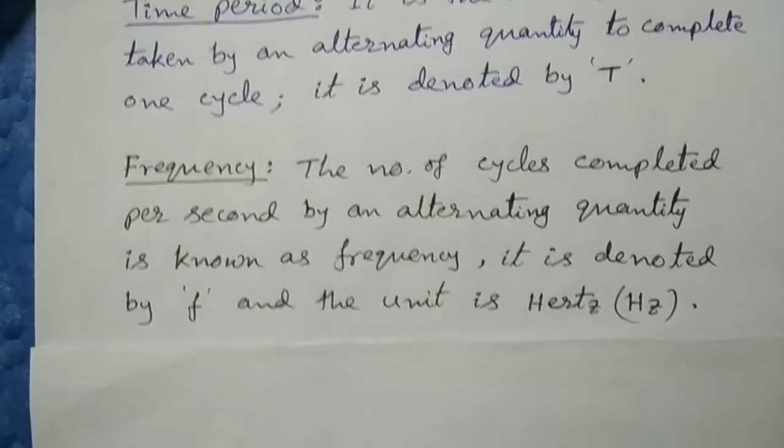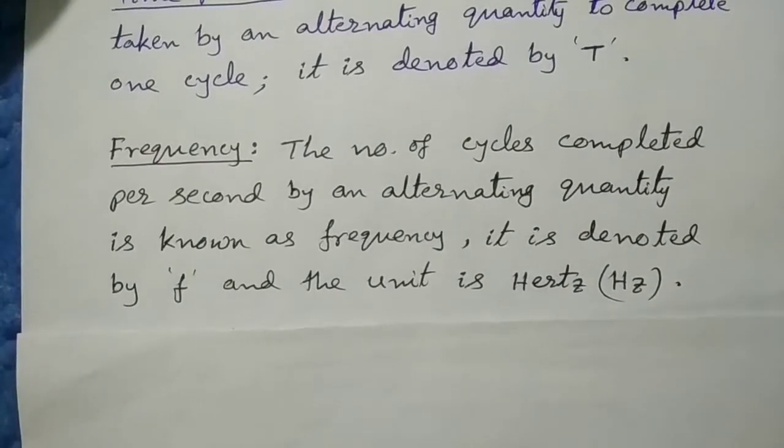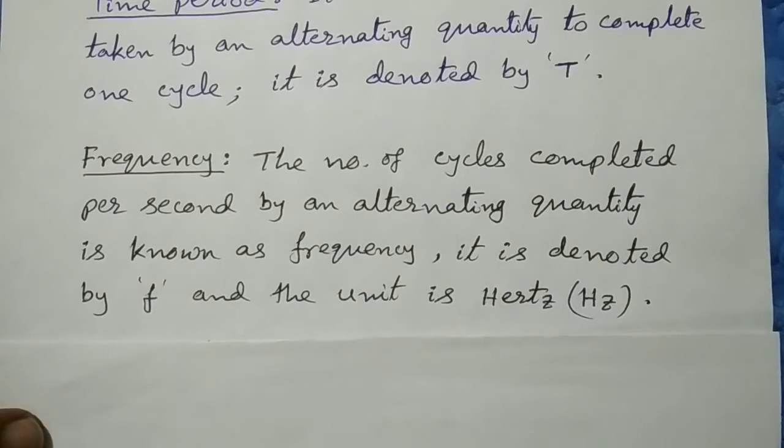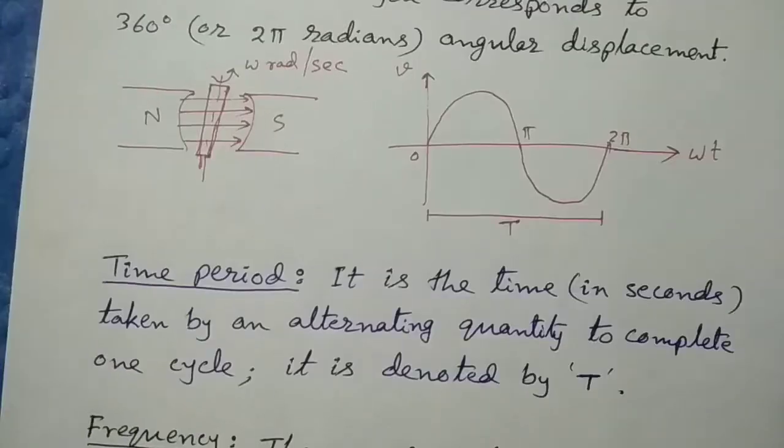The next term is frequency. The frequency is defined as the number of cycles completed per second by an alternating quantity. As we have discussed earlier, the cycle means one complete set of positive and negative values of an alternating quantity, like here.